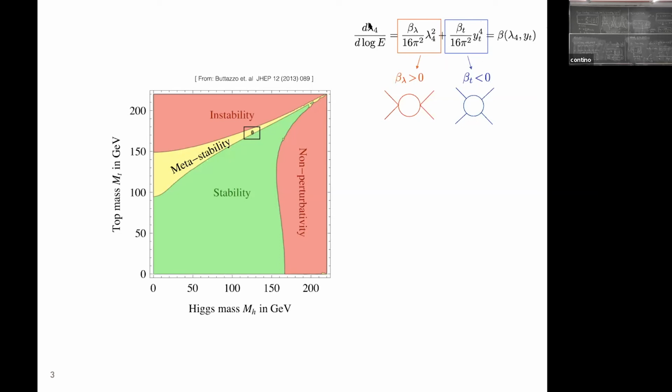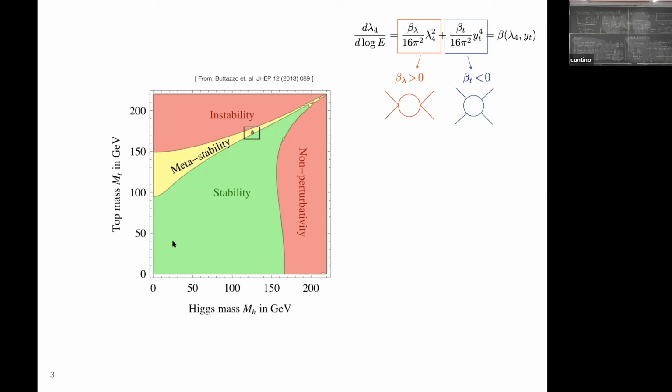The running of the quartic coupling is important because the potential is computed in such a way that the value of the potential at a certain value of the field is given in terms of the quartic coupling renormalized at the scale of the value of the field. So in other words, you need to somehow resum the RG flow, okay? And this tells you that the top plays an important role.